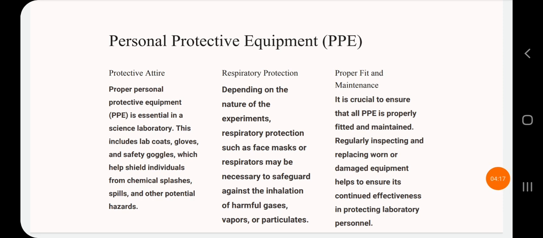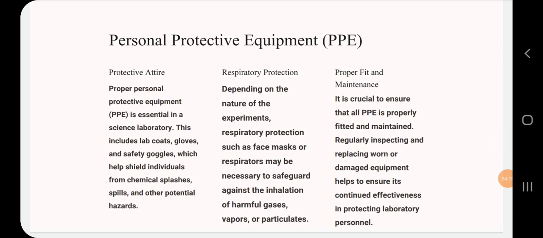Proper fit and maintenance. It is crucial to ensure that all PPE is properly fitted and maintained. Regularly inspecting and replacing worn or damaged equipment helps to ensure its continued effectiveness in protecting laboratory personnel.